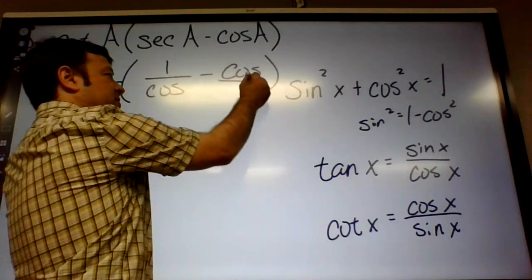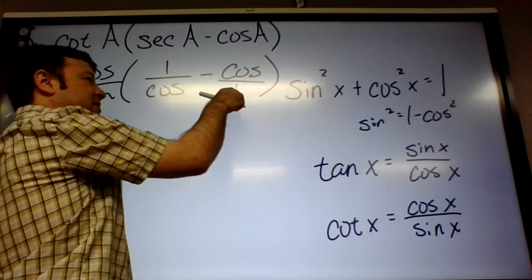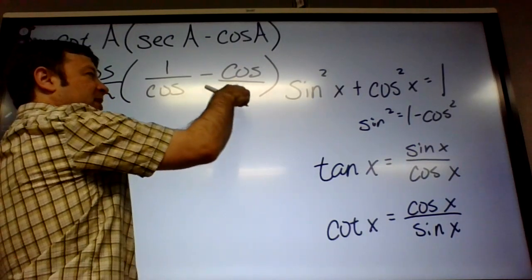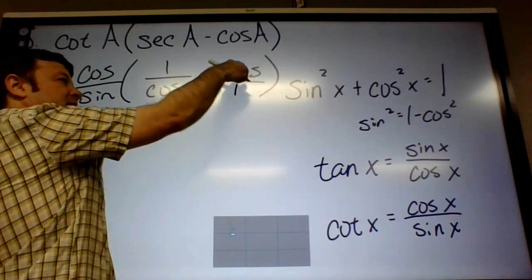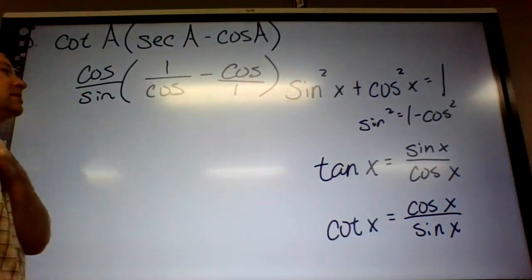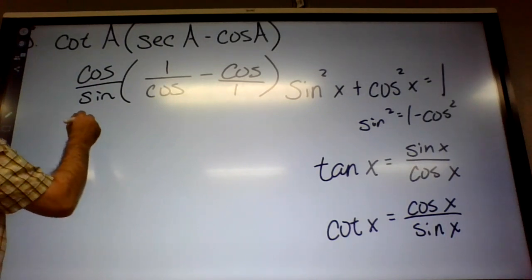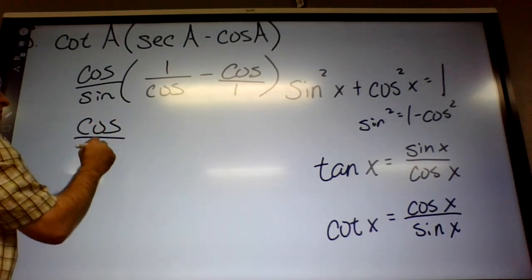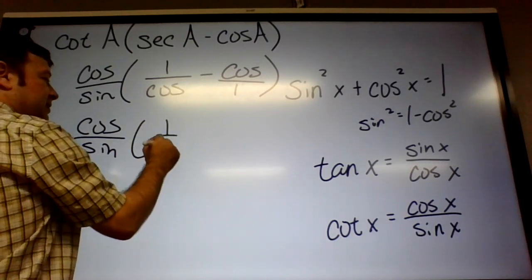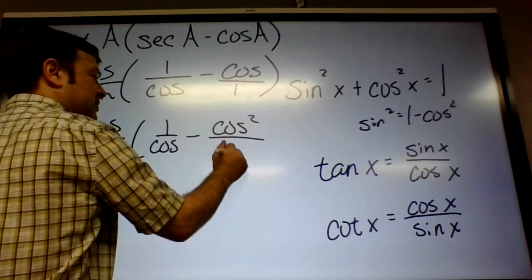You wouldn't want to do it in this case, but get a common denominator by multiplying this by cosine here and here. That'd be cosine squared over cosine. Actually, that maybe is the way to go on this one. There's more than one way to do these. So if I multiply the top and bottom by cosine, I get this.